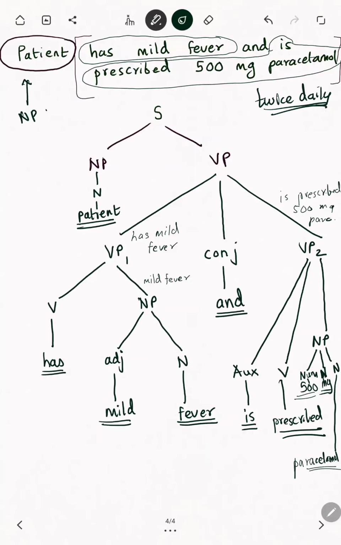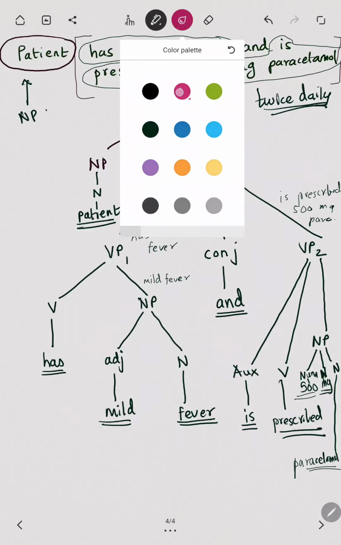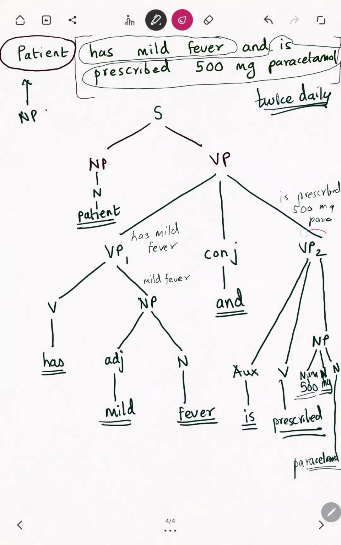So what I will do is, I will just redraw this part on the next slide so that it will be clearer in case there is an adverb involved. So let's say what I'm trying to draw the tree for here is prescribed 500 milligram paracetamol twice daily.